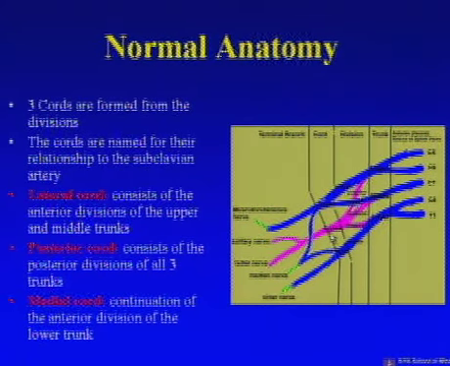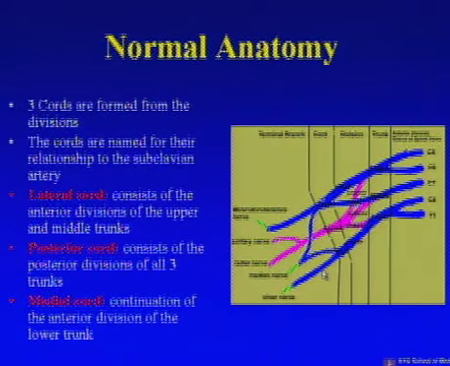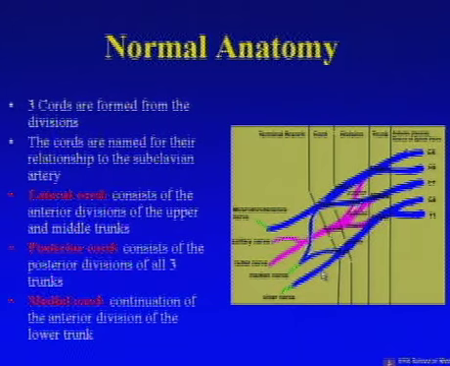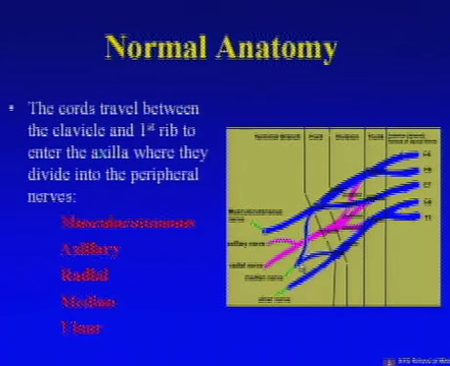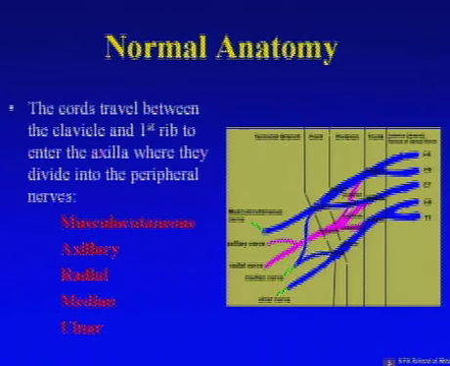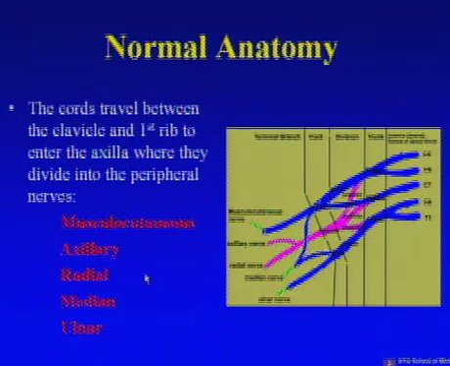And then finally, the medial cord, which is the continuation of the anterior division of the lower trunk. The cords then travel between the clavicle and first rib, where they enter the axilla, where they divide into the peripheral branches or the peripheral nerves, the musculocutaneous, axillary, radial, median, and ulnar nerves.